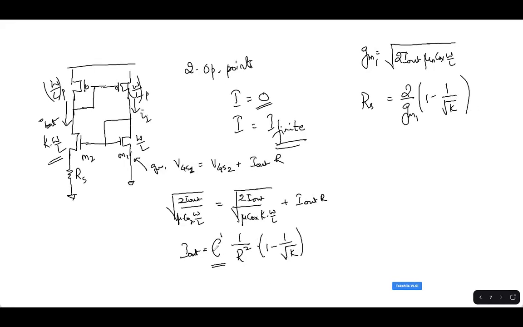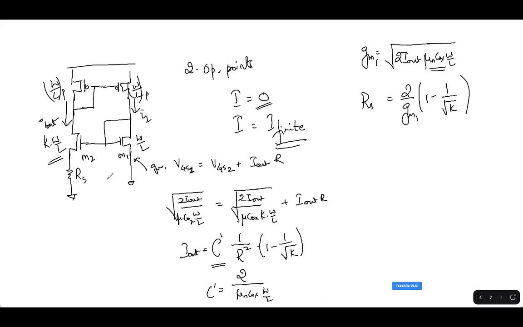The proportionality constant is more or less what we see in the GM equation. C dash was what? C dash was 2 by mu n Cox W by L. So you have mu n Cox W by L here, and you can bring it to this side, I out by C, then you will clearly get the GM expression there.